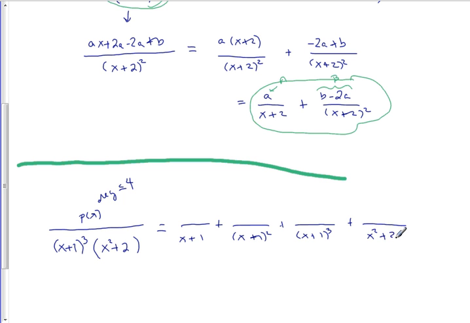Now the way we've been doing it in class is, the most general way to make the x plus 1 in the denominator proper is to have a constant in the numerator, but we continue just writing a constant in the numerator over these, even though we have a quadratic here and a cubic here. This one, of course, we're going to have a linear. The most general way to make this is a linear in the numerator.